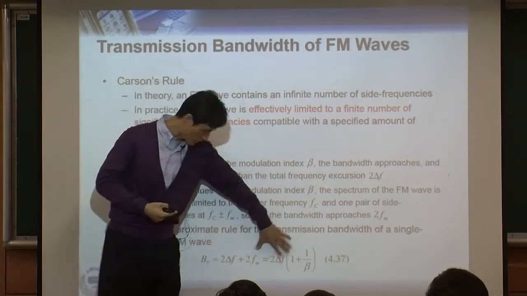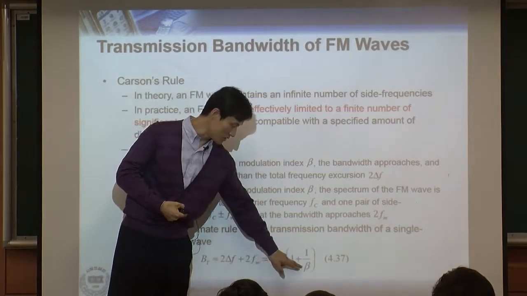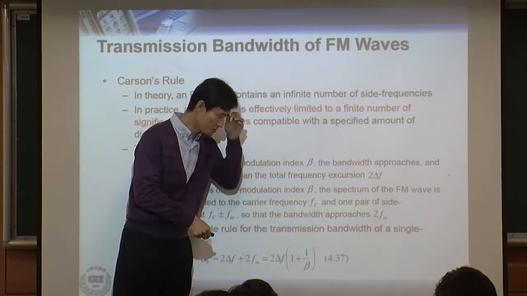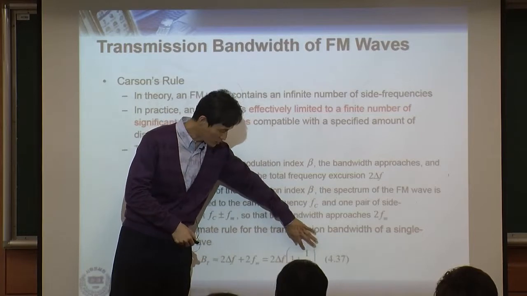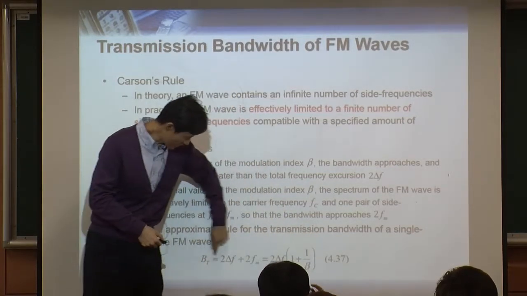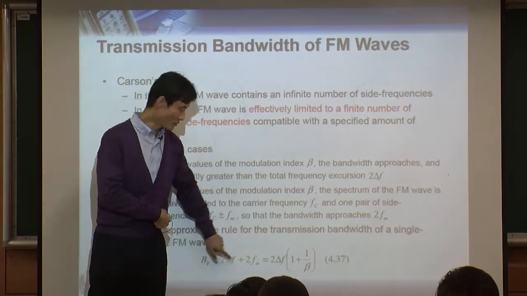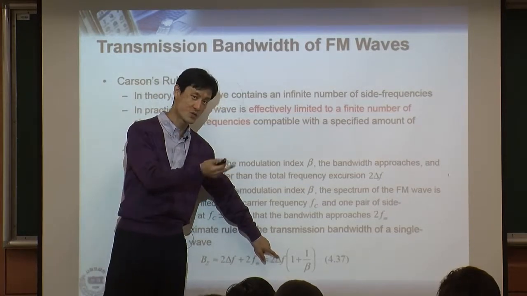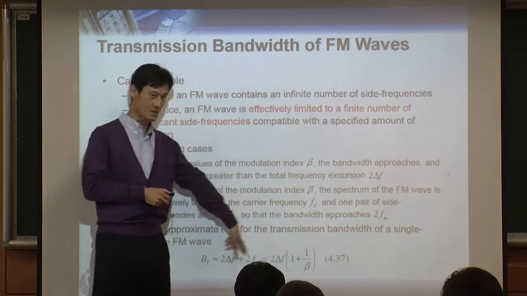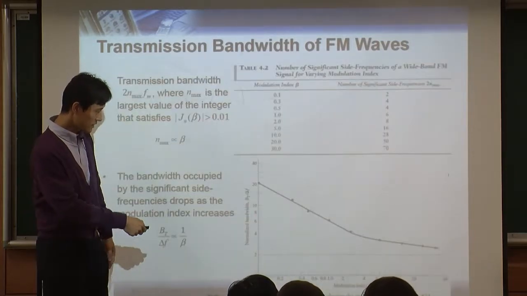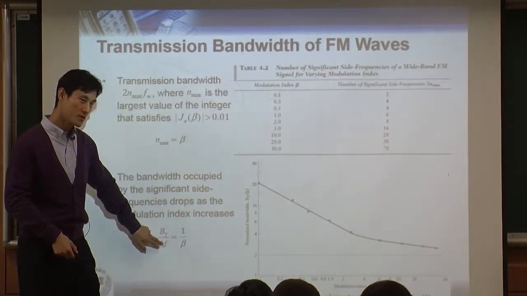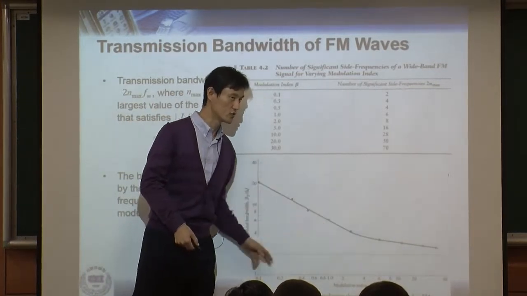So these two are the same. If you increase the beta, now 1 over beta becomes small, smaller and smaller, and eventually this becomes 0. Then our bandwidth BT becomes 2 delta F. But what we can see in this figure is BT divided by delta F, so eventually it will approach 2.